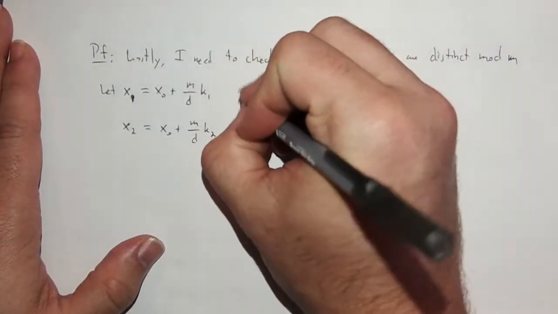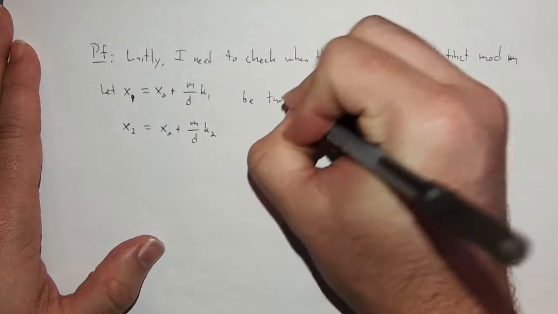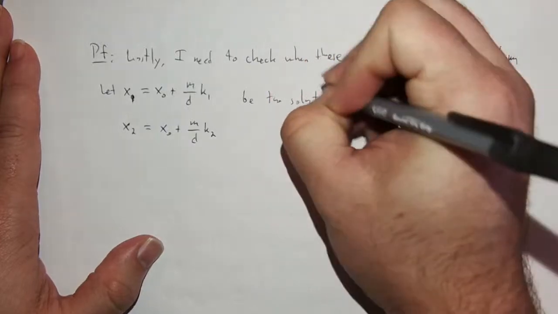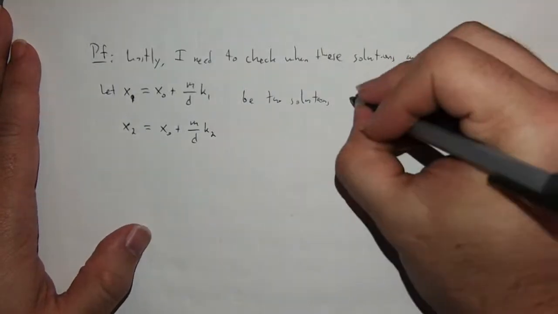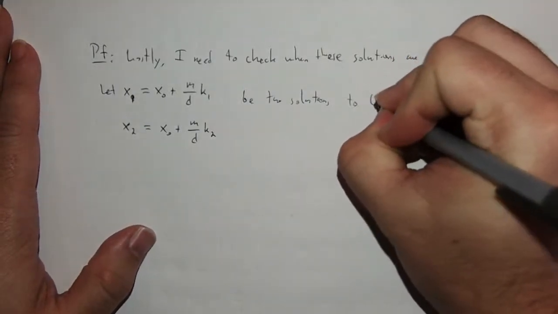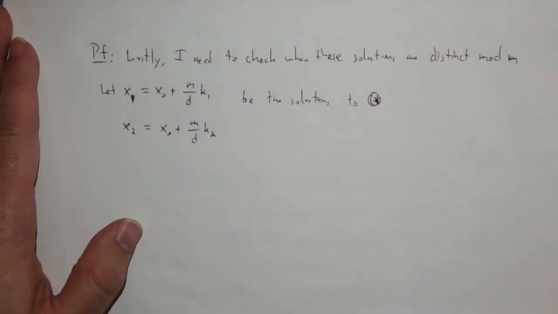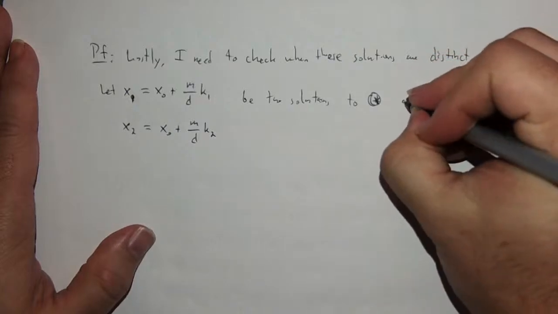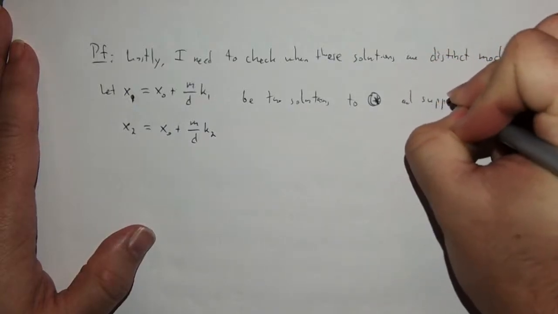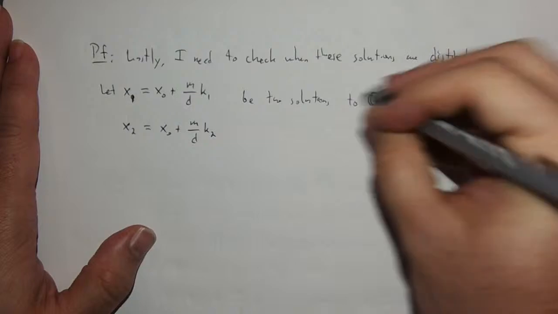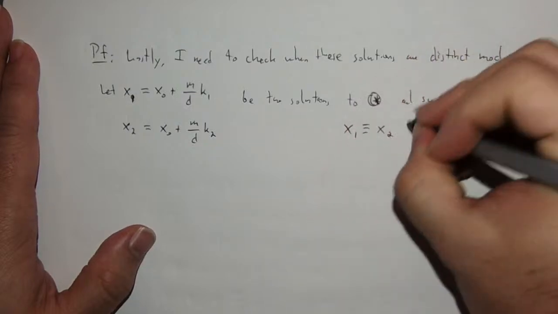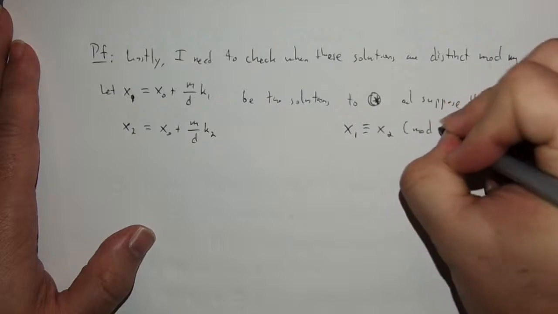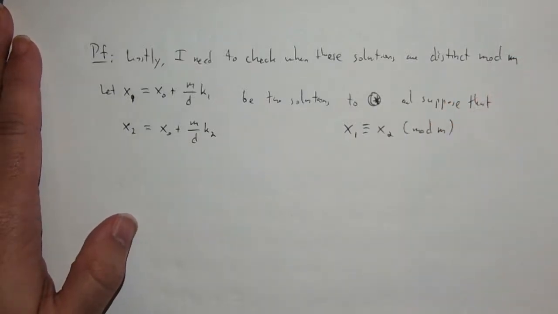And so let these both be two solutions to star, similarly, to my congruences. And suppose that x sub 1 is congruent to x sub 2 mod m.